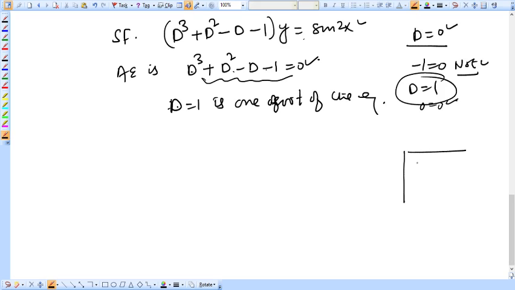Write the coefficients of the given cubic equation, 1, 1, minus 1, minus 1, and 1 is the root.